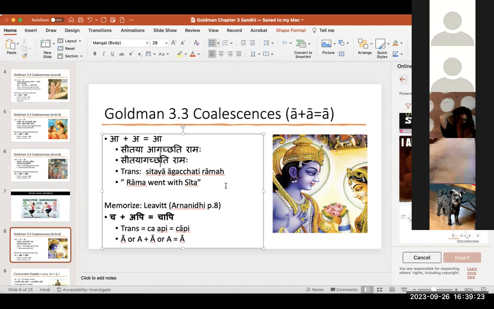And then Ramaha is the subject of the sentence. Rama went with Sita. Sitayagachati Ramaha. So cha uppy is long or short with long or short equals long.